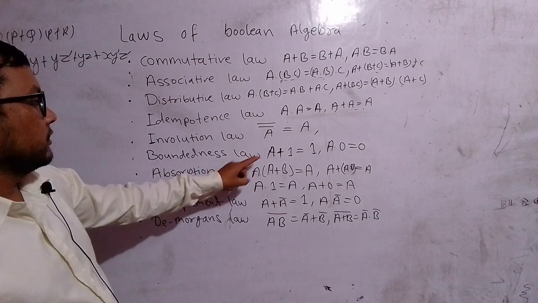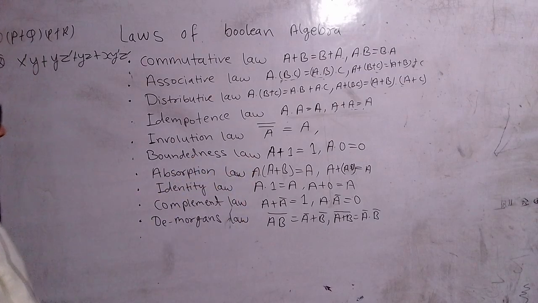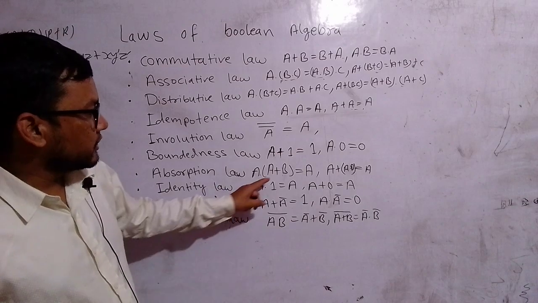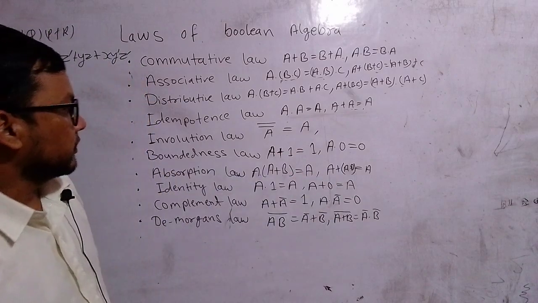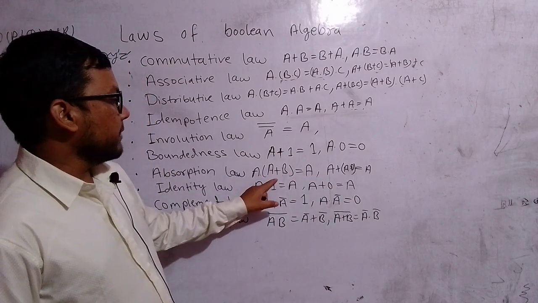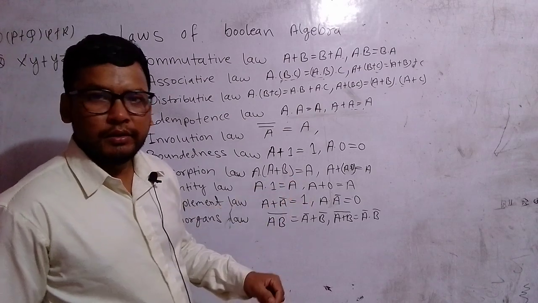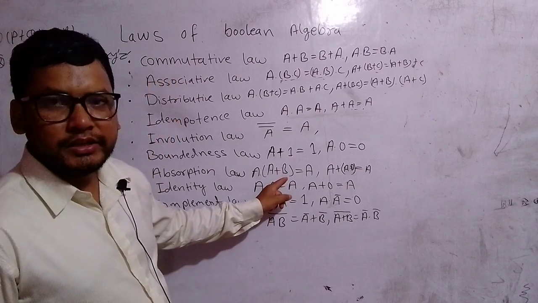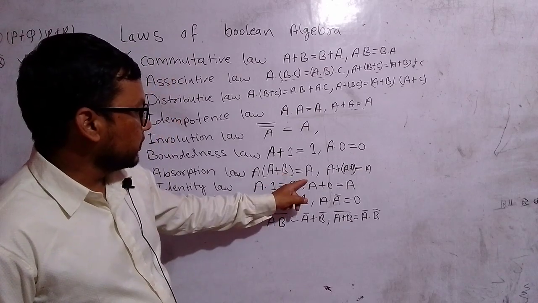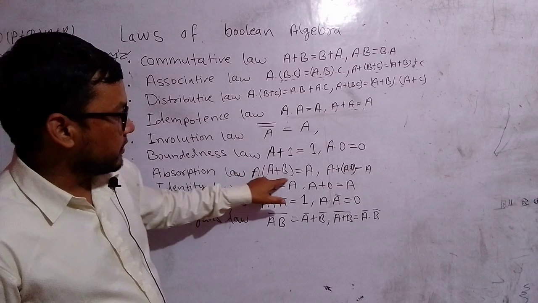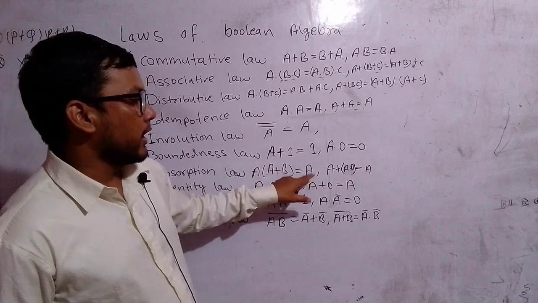This is the boundedness law. Absorption law. These expressions are called absorption law. Here A dot A plus B gives A. That means B is absorbed, B is removed, B disappeared from these expressions. Now these long terms can be rewritten as A.